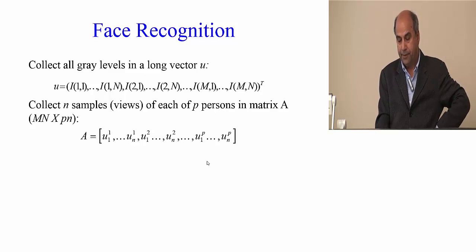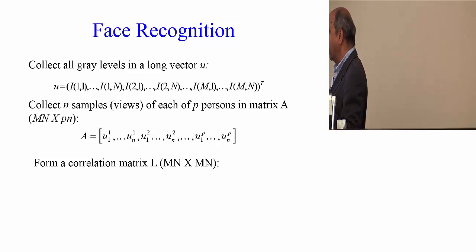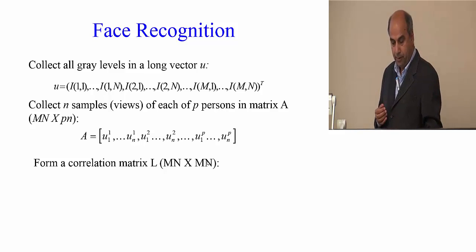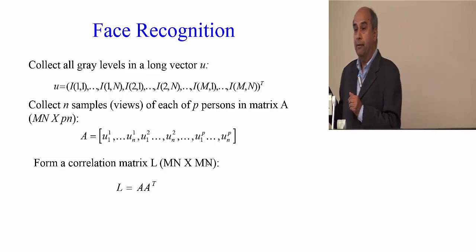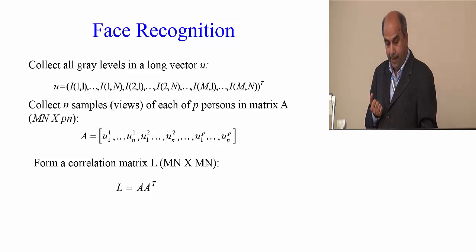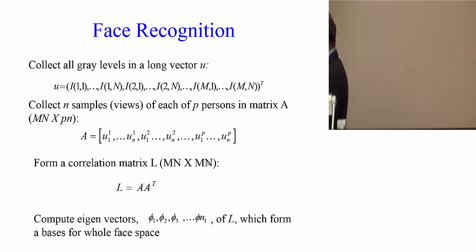Okay? So from this A matrix, we are going to find the L matrix, which we'll call the correlation matrix, which will be nothing but A transpose A, and we will just find out the eigenvalues of this L matrix. Okay, and these will be the eigenvectors of the L matrix.